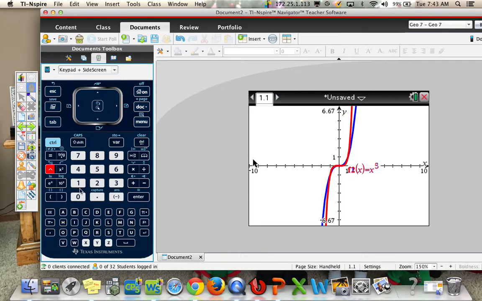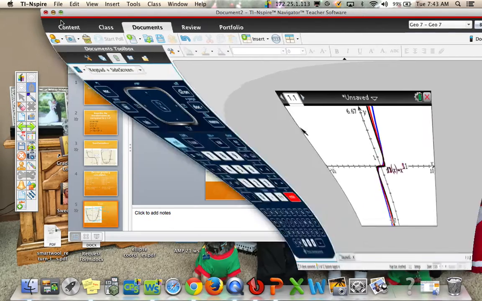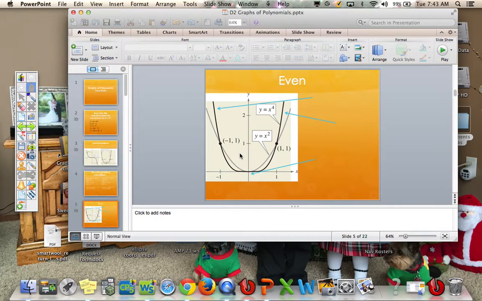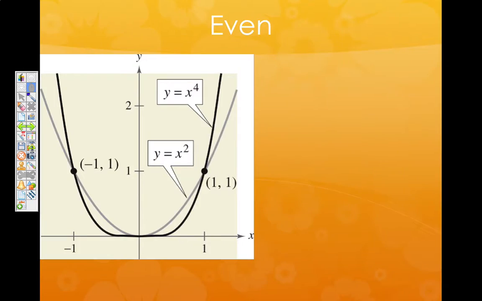X to the power of, how about 11? Ooh, that's too many. Again, it kind of flattens out, becomes steeper, and you answer those questions in your packet. Okay, so behavior graph, if it's an even function, oh, I guess I'm supposed to write on here. Let's do that.